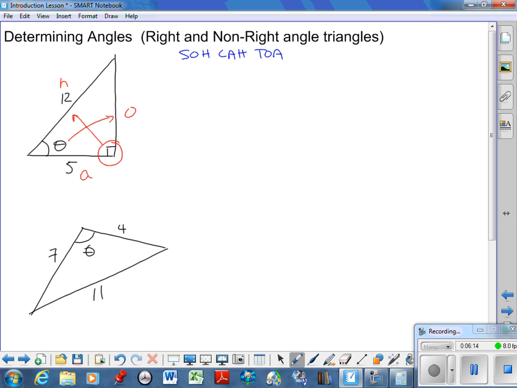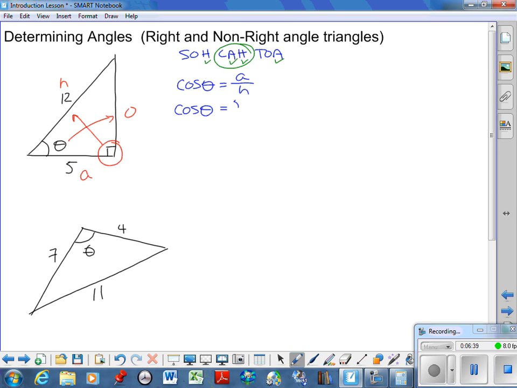So from SOHCAHTOA, what do I have? I have a hypotenuse, so that means it could be either sine or cos. What am I looking for? I'm looking for the angle. So the other side I know is adjacent, so cos or tan. It's got to be the cos function because I know both a and h. So cos theta equals a over h. Cos theta is what I'm looking for.